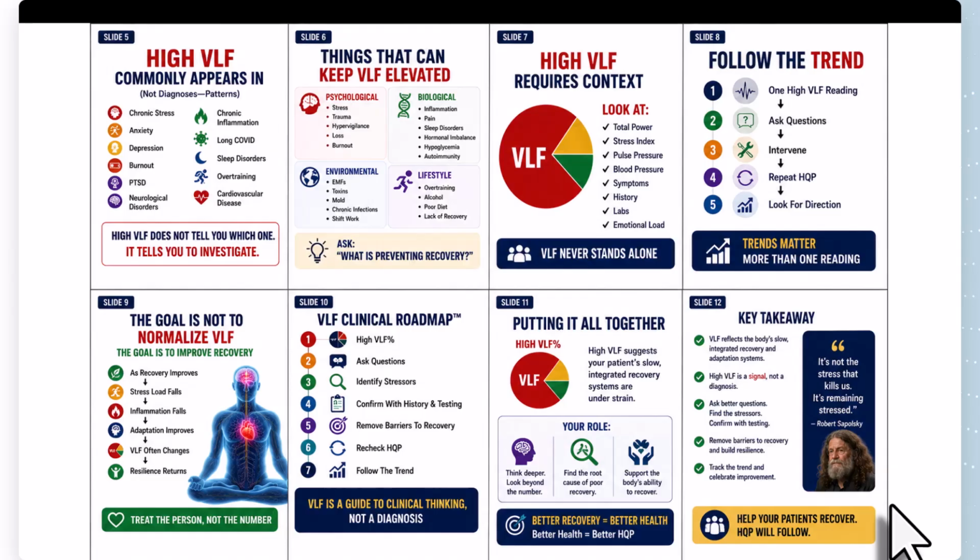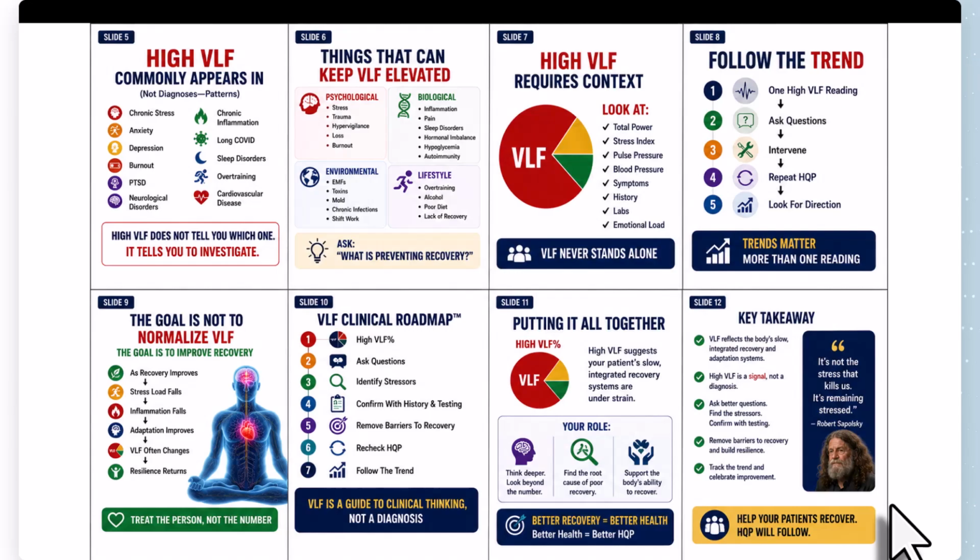You'll see, most likely, a pretty good size red VLF, right? So the things that keep it elevated, again, psychological, environmental, biological, lifestyle. So you want to know what's preventing them from recovering, right?